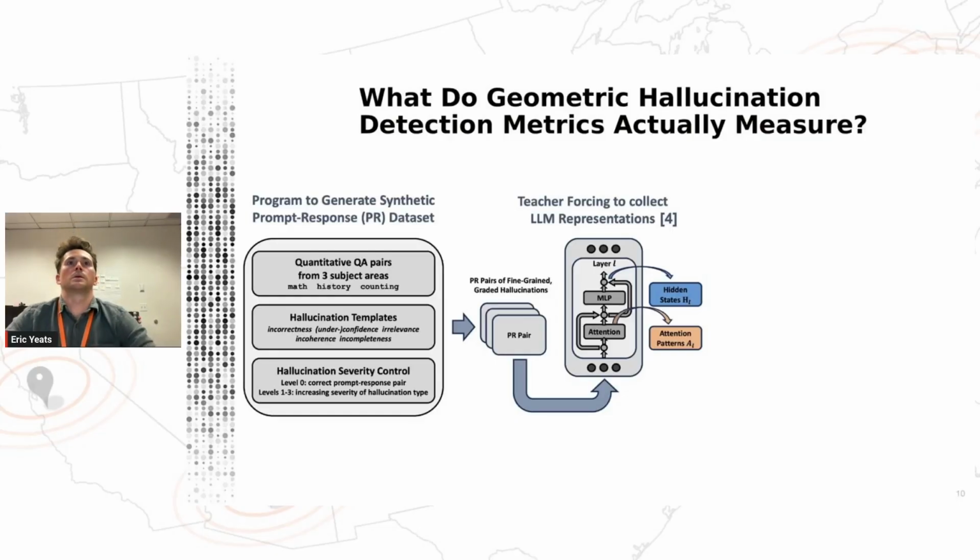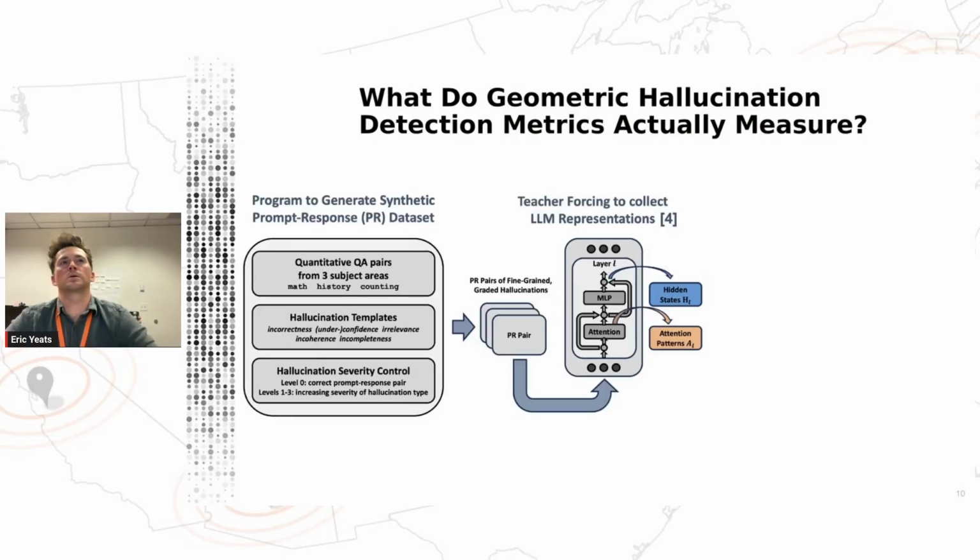Okay, so I just discussed this program to generate synthetic prompt response pairs. We have correct prompts and responses. We have incorrectness. We have underconfidence prompt responses, things like that. We can put these through the model and use a technique often called teacher forcing in order to collect the LLM representations, so these hidden states and attention patterns, which correspond to these specific prompt and response pairs.